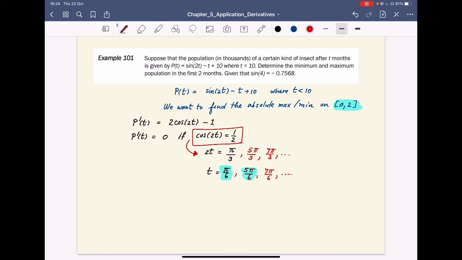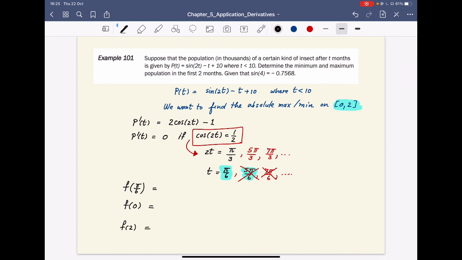Which means this is outside the interval 0 to 2. So we are not interested in this t, and so on. We only need to include t equals pi over 6 as our candidate for absolute max and absolute min. So we compute p of pi over 6. This is our candidate from the first derivative. And then we include the endpoints, which are p of 0 and p of 2.